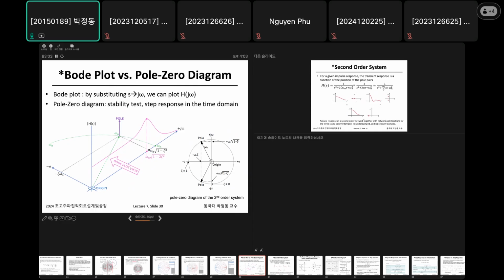All right. So here I compared the Bode plot versus the pole-zero diagram. This pole-zero diagram is widely used to make an analysis of the transient, time domain analysis, right? As you remember, the second order system is given by this line.